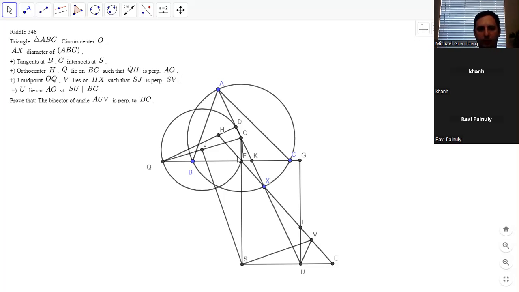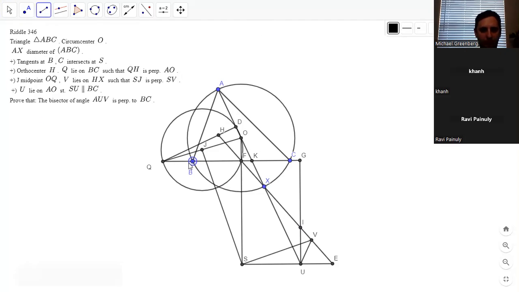I'm thinking about projecting onto OS. So X, I, V, E: X goes to O, I goes to the point at infinity.